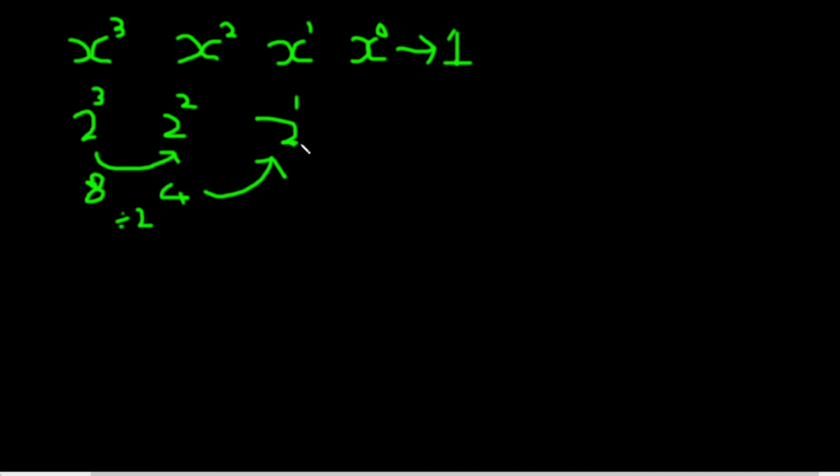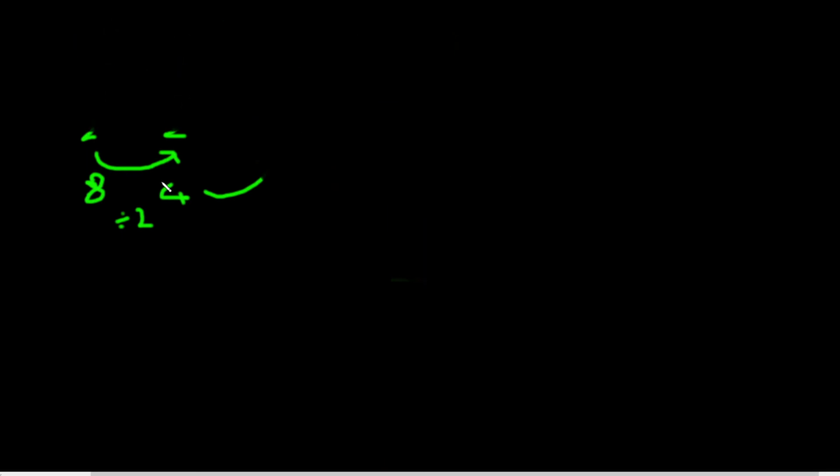So when you get 2 to the power 1, which is 2, then 2 to the 0, you divide by 2, and 2 divided by 2 is 1. So that's our first mathematical tool to know: any number n to the 0 is 1.